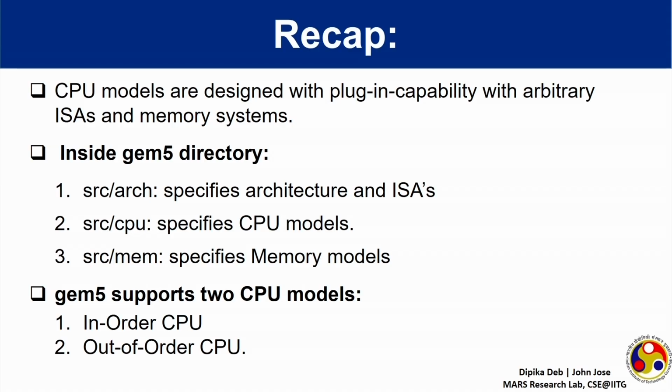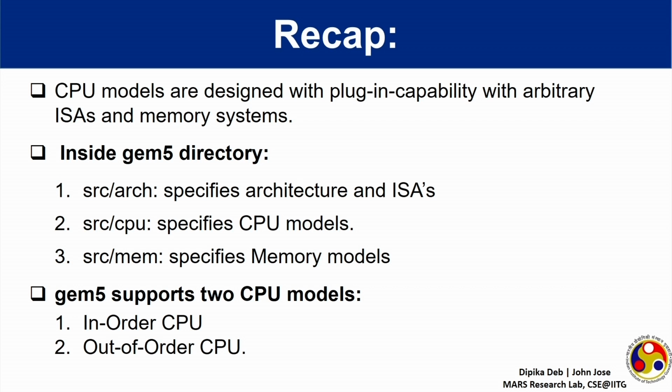As a quick recap of our previous gem5 videos, I have already discussed the CPU models that are available. CPU models are designed with plug-in capability with arbitrary ISAs, that is instruction set architectures, and memory systems. By this I mean that different CPU models can be integrated with the available memory models.